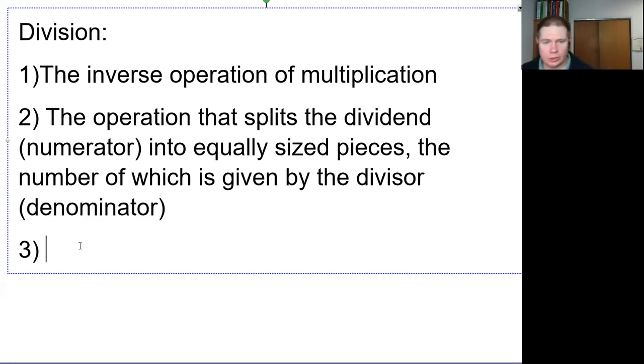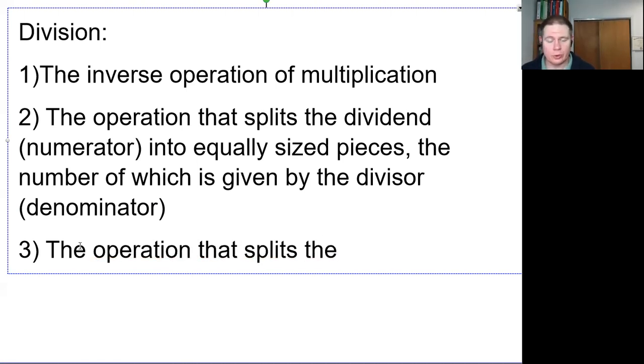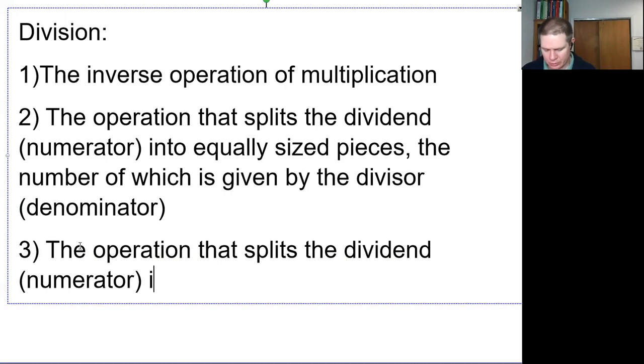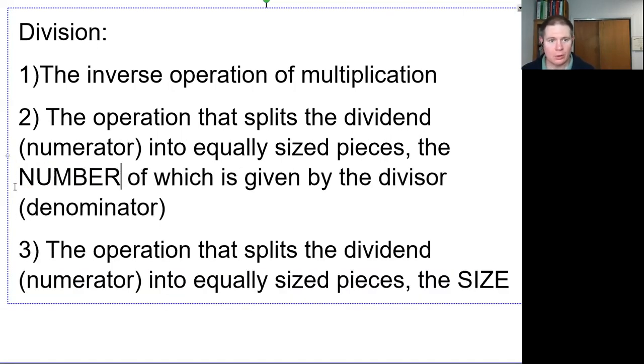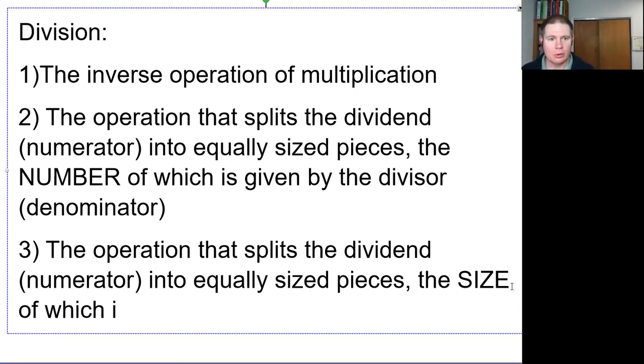Okay, so division is the operation that splits the dividend, otherwise known as the numerator, into equally sized pieces, the size of which, instead of the number, right, up here we were told how many pieces we have, or we could be told how big each piece is, and that will give us the other, given by the divisor.